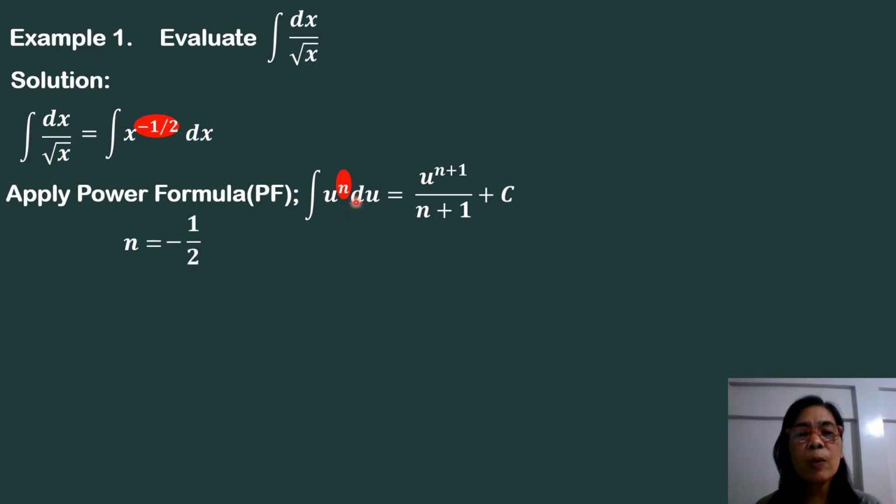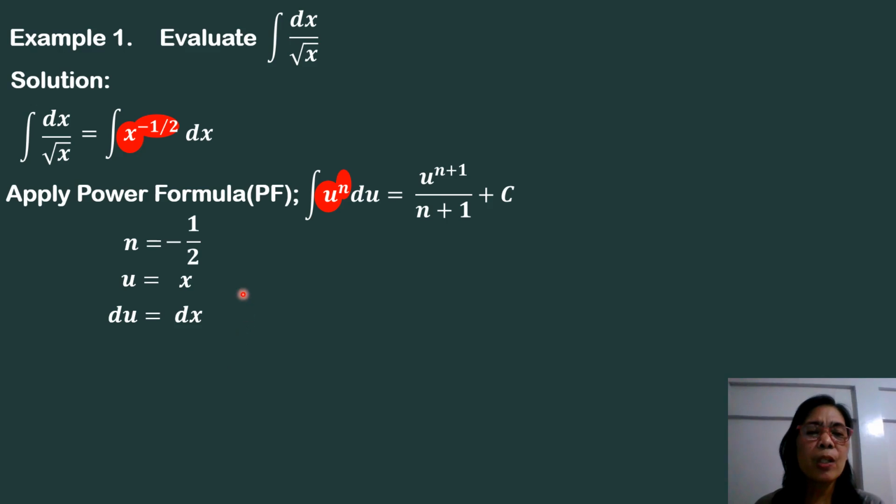The base of the exponent n in here is u. The base of the exponent negative 1/2 in here is x. So that means our u is equal to x. After you define n and u directly from the given, your next step is to evaluate the differential of u directly from this value of u. So that means we now have the differential of u is equal to, we differentiate also the right side, that will be equal to the differential of x.